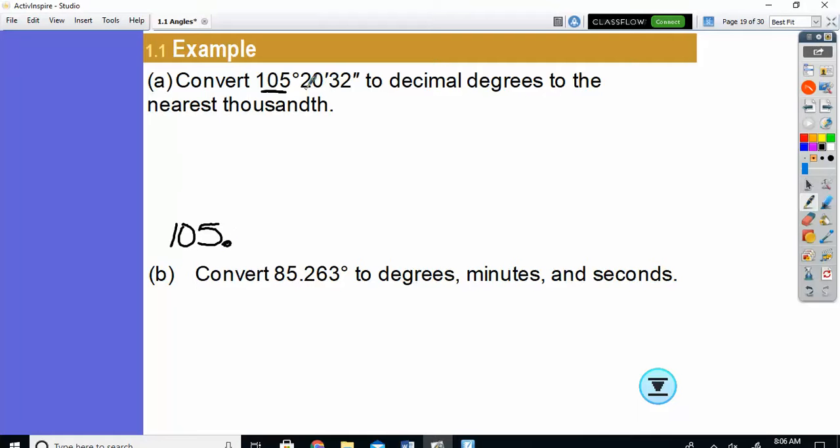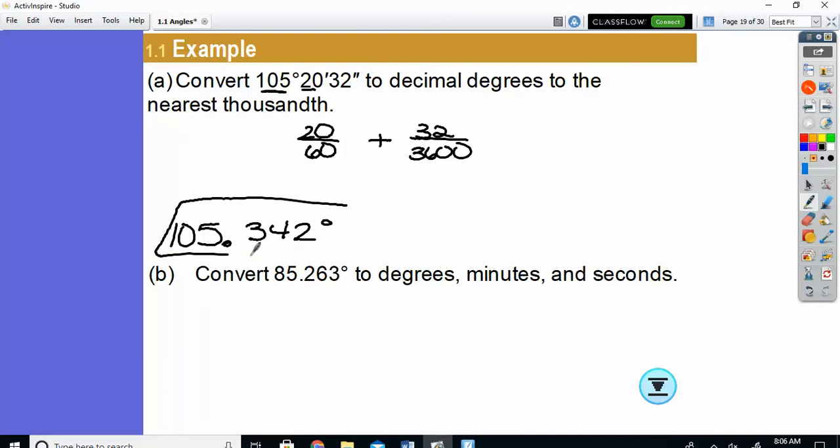We just need this decimal. So you take your minutes and divide by 60, plus we take our seconds divided by 3600, and we just type all of that in at once. So 20 out of 60 plus 32 out of 3600. And so we get 105.342 degrees.